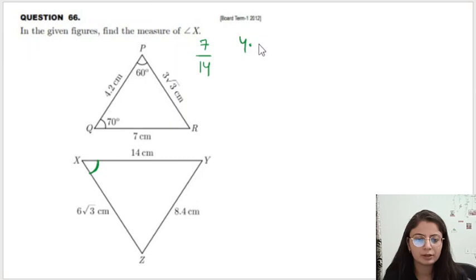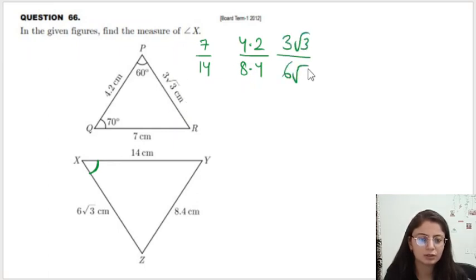Also 4.2 upon 8.4, this is also 1 by 2. And the third side, 3 under root 3 by 6 under root 3, this also comes to 1 by 2. So all these ratios are equal. So if the ratios of their corresponding sides are equal, these two triangles are similar, right?